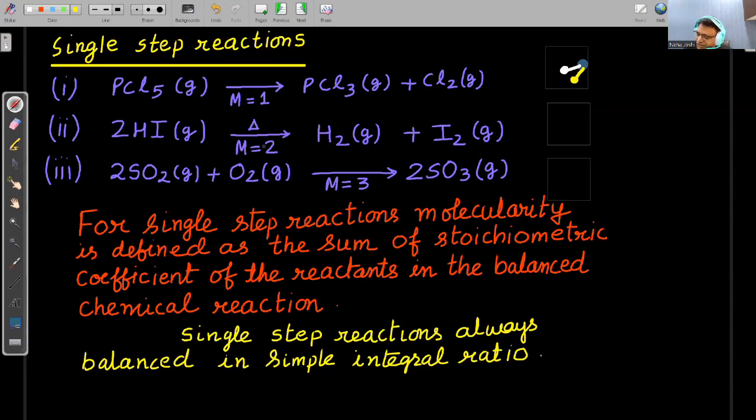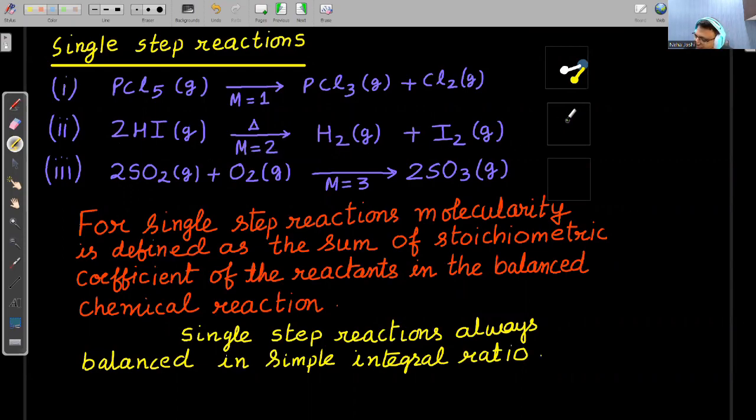Same way, when we say that the molecularity of the reaction is equal to 2, like for this balanced reaction, if it is a single step reaction, we know that from experiment, and we'll discuss what experiment we do. So 2 times HI, the coefficient of reactant is equal to molecularity, right?